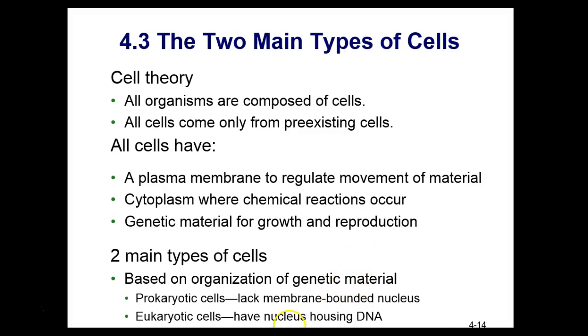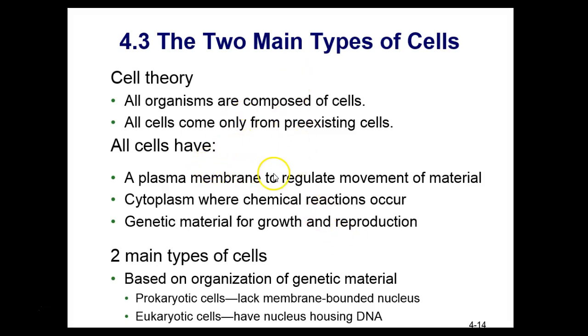There are two main cell types, as you can see here. Now, all of the cells, including the bacteria cell, the plant cell, and the animal cell, what do they all have in common?